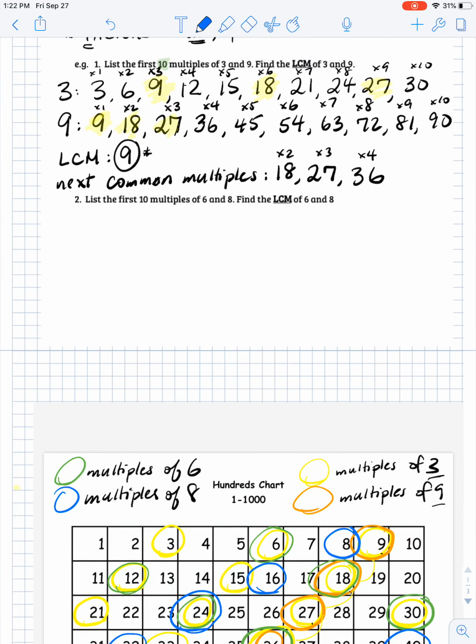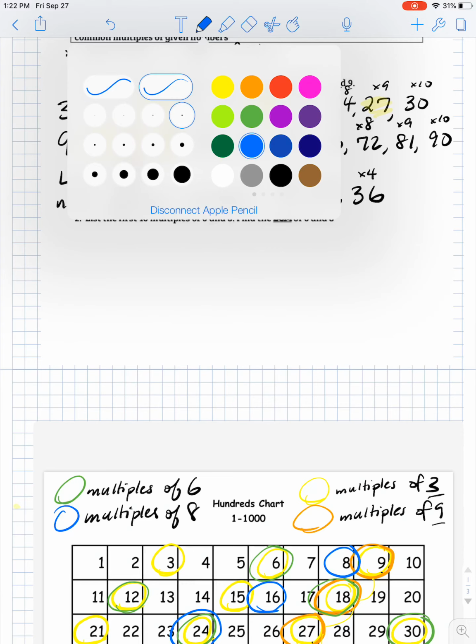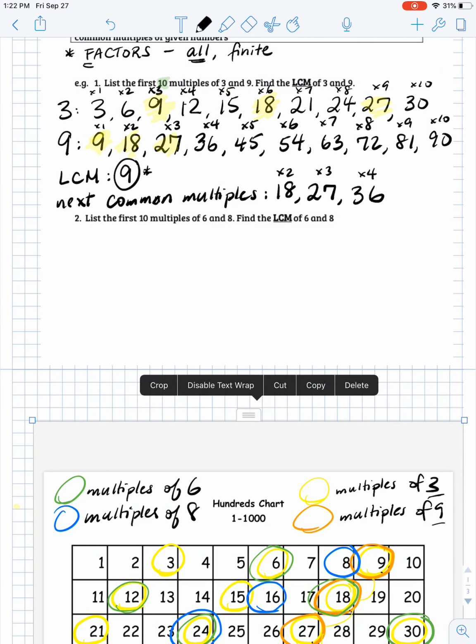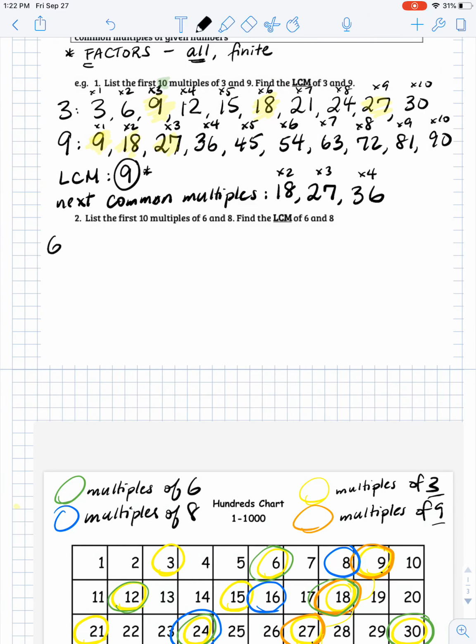Okay, let's go back here and list. And you can use your hundreds chart to help you list the multiples. So multiples of 6. We always start off with the multiple itself because that's 6 times 1. And then it's going to be 6 times 2, which is 12. And then 6 times 3, which is 18. And it'll be times 4, which is 24.